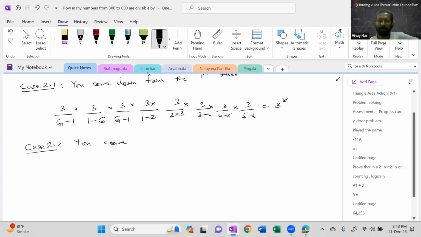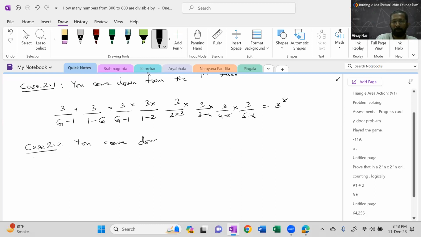Aitreya, 3 power 8 is when you come down from the first floor, but you can come down from the second floor as well. You can come down from the third floor, the fourth floor and the fifth floor. Or are you saying for each case you have 3 power 8 possibilities? Yes, I think I agree with you.